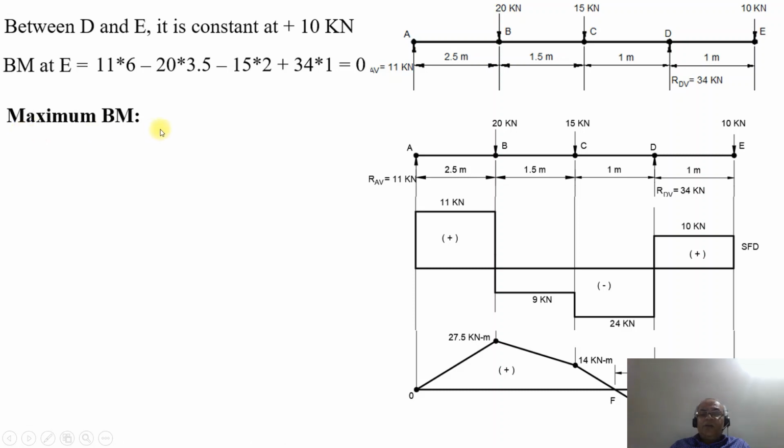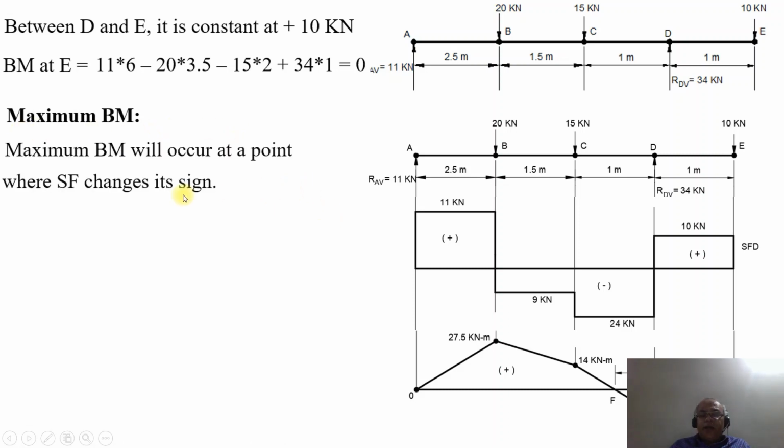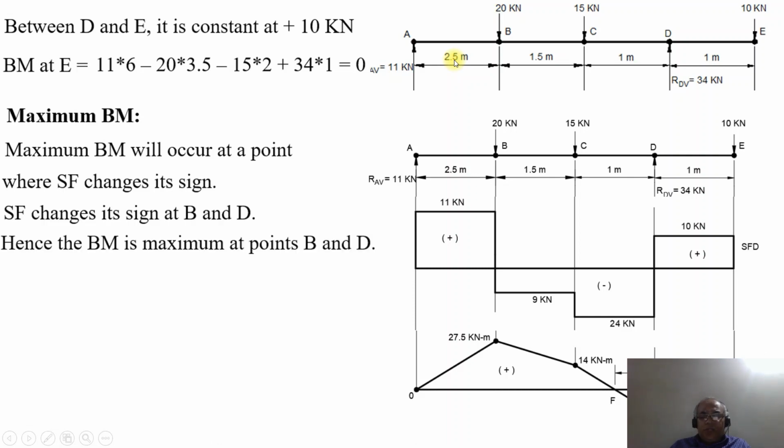Now, once you are trying to find out the maximum bending moment, it will occur where the SF changes its sign. SF is changing its sign at B and D now. Hence the bending moment is maximum at these 2 points. We have a positive bending moment maximum at this point B, which is plus 27.5 kilonewton meter.